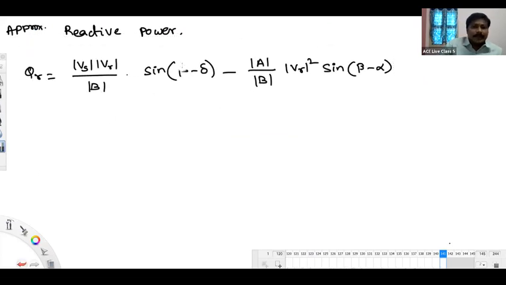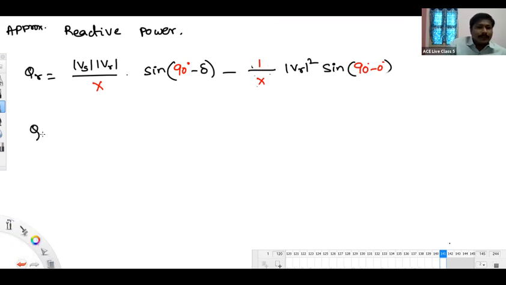Beta is 90 degrees here, and B we are going to replace with X. Mod A is 1 and B is X. Mod VR square sin of (beta minus alpha) means sin of (90 minus 0), so sin 90 will be 1.